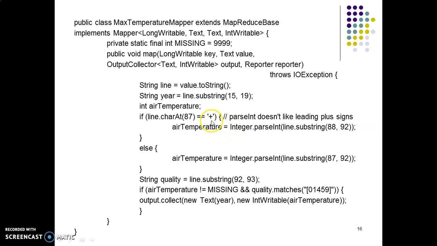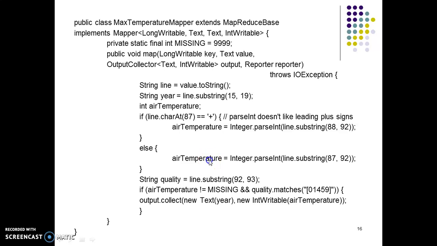To ignore that, we are using an if condition, and subsequently we store the value inside airTemperature after converting it into an integer. So we have mapped the year as well as the temperature perfectly inside our mapper.